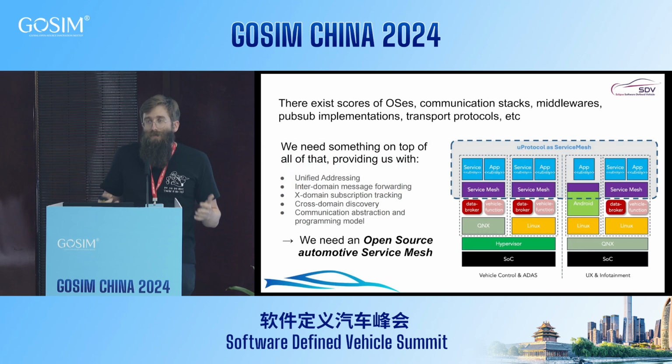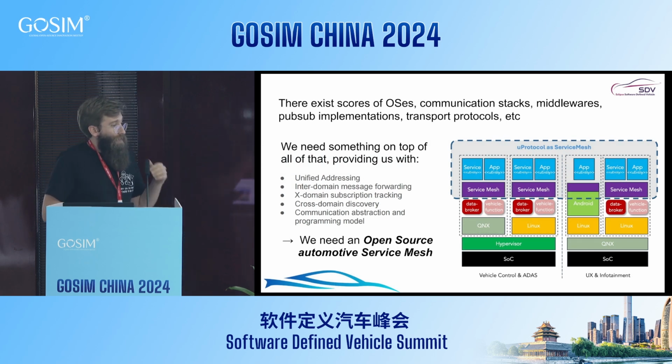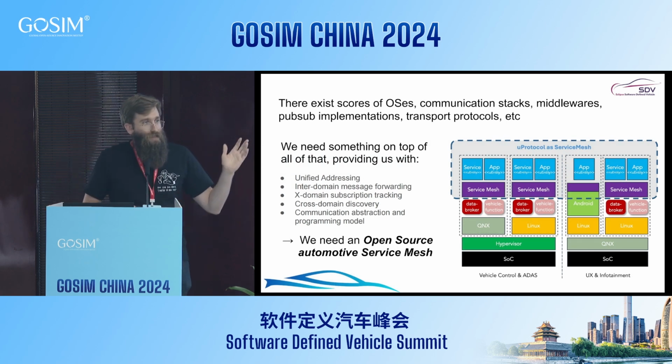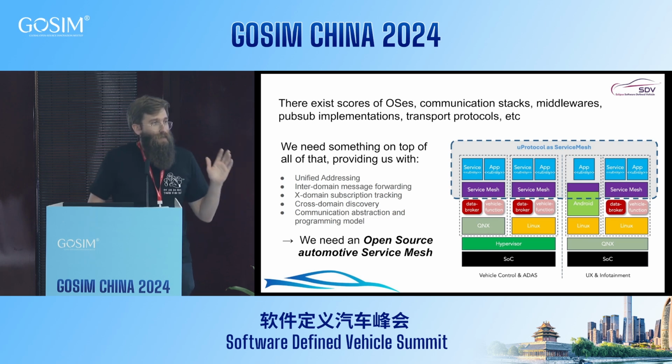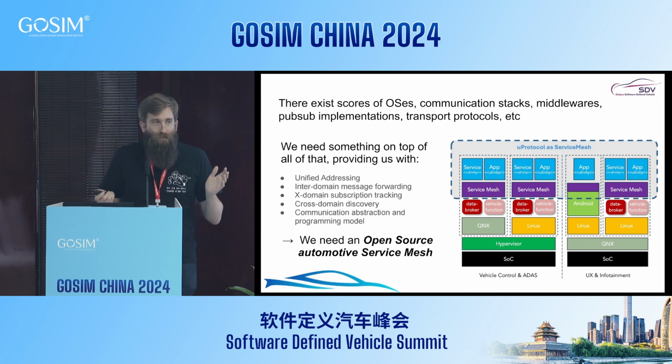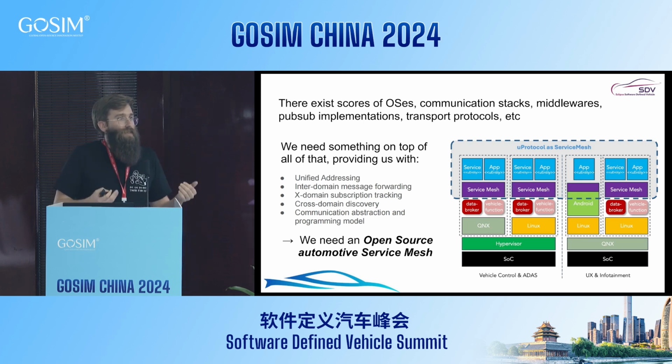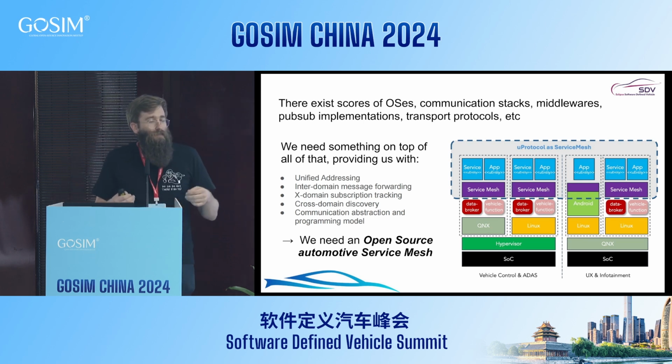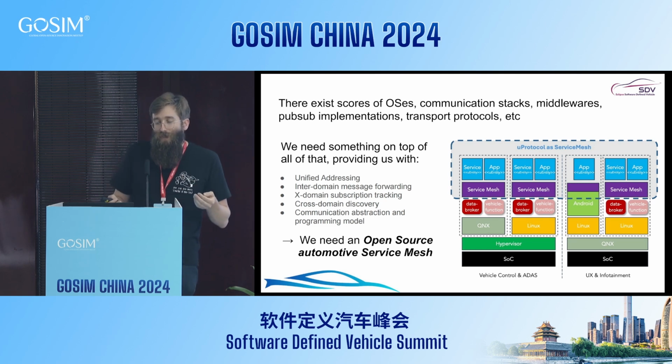As I hinted at earlier, there are existing solutions, and depending on how you count them, many existing solutions for how to wire these apps up. But they often come with buying into a certain way of doing things.